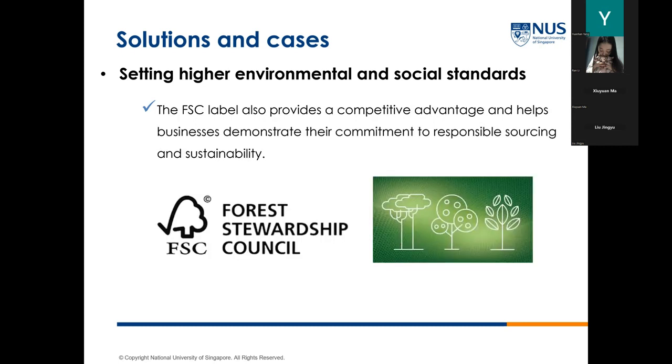The FSC label also provides a competitive advantage and helps businesses demonstrate their commitment to responsible sourcing and sustainability. For instance, among the wood used in IKEA, the Swedish furniture retailer, 69% of it comes from FSC-certified forests, which is consistent with IKEA's commitment to sustainability and responsible sourcing.